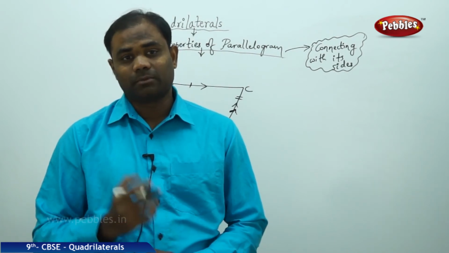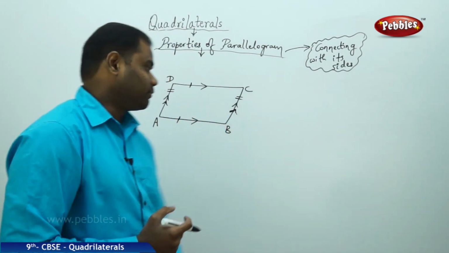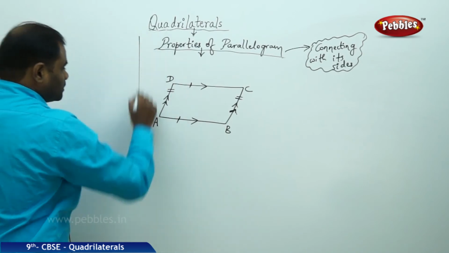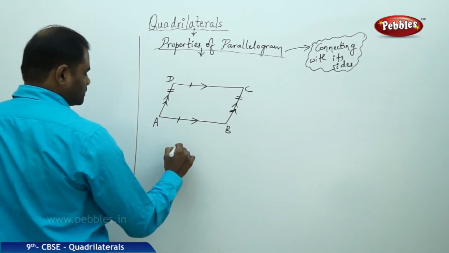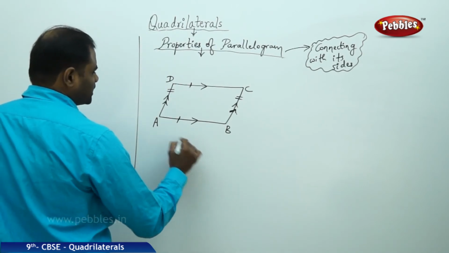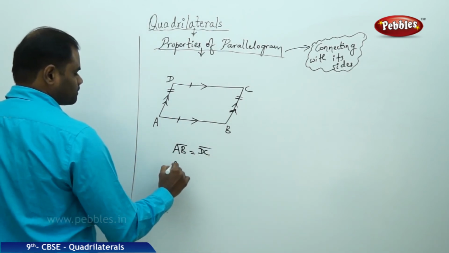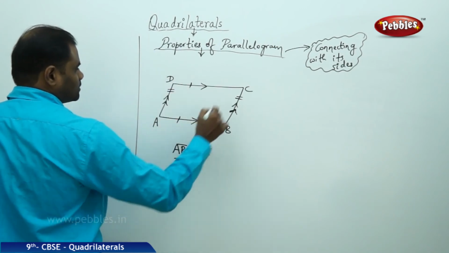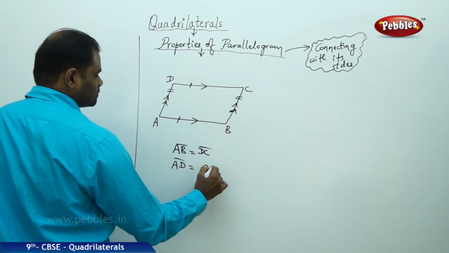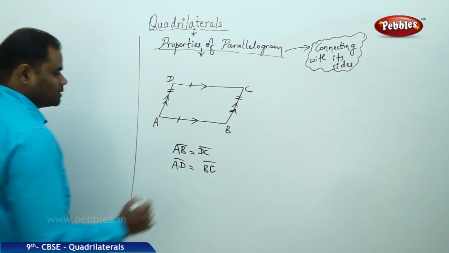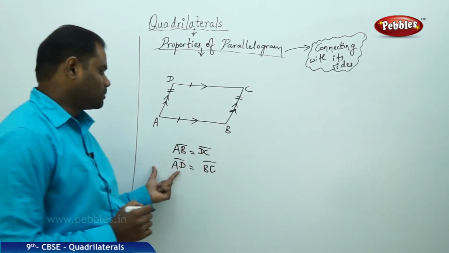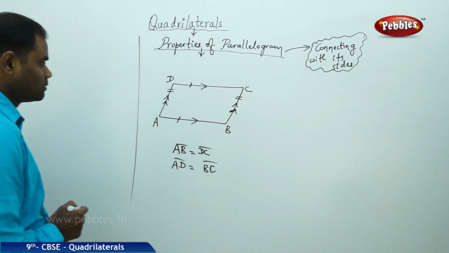Therefore, with this property, I come to a conclusion that the opposite sides AB is equal to DC and AD is equal to BC. Therefore, my opposite sides are equal.